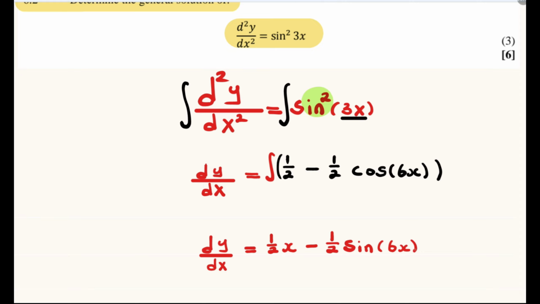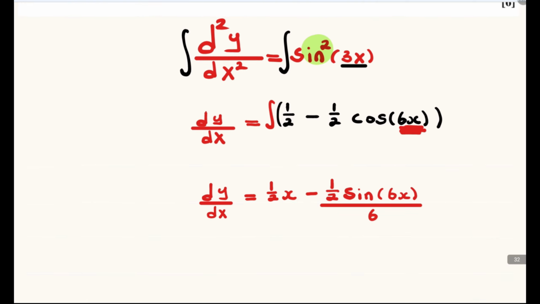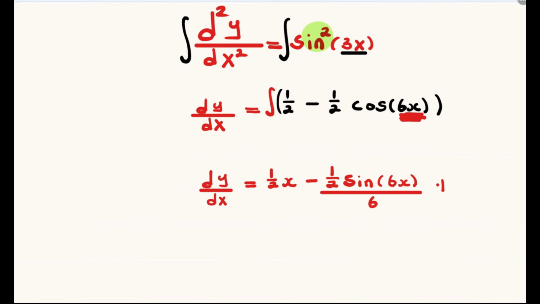If we were differentiating, we would multiply by the derivative of the 6x, the 6, but we are integrating, so we are dividing by the 6, plus the constant c.